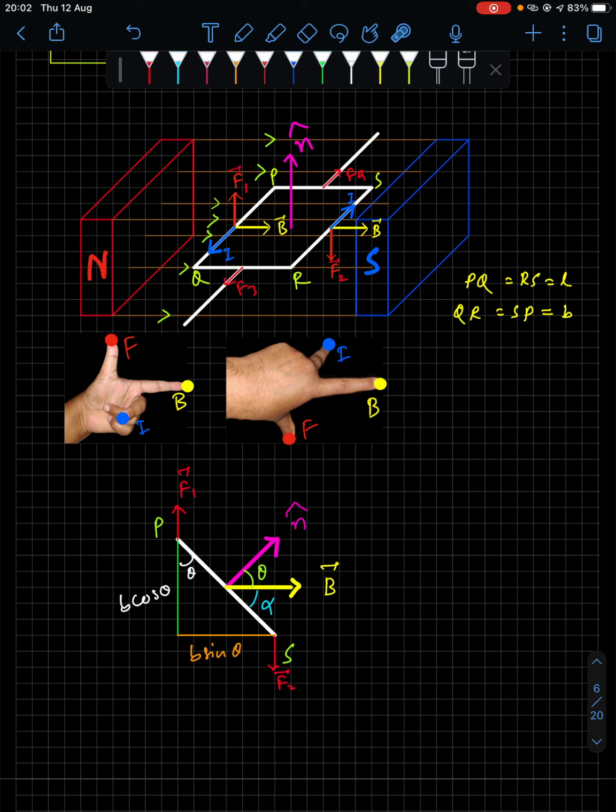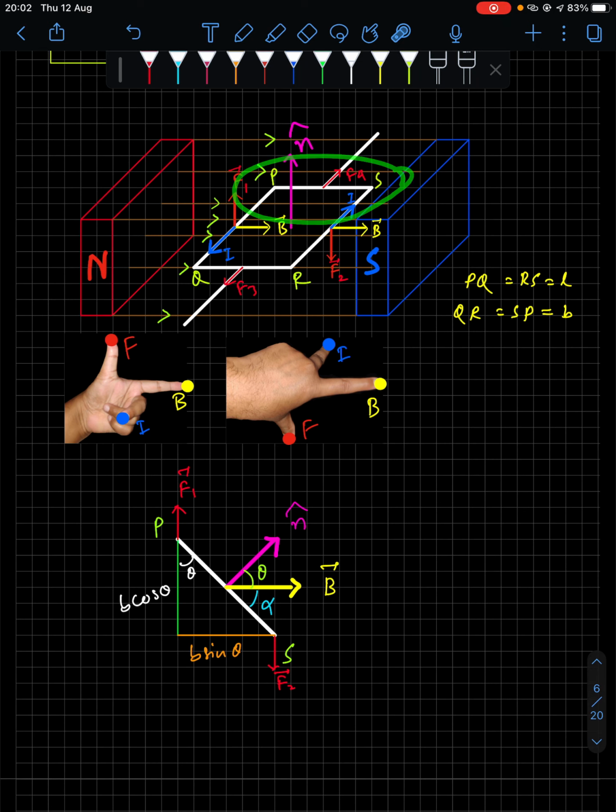After some time, the plane of the coil is parallel to B. Therefore n cap is perpendicular to B in this particular instant. But the very next moment, say they twist, and the shape will be like this.